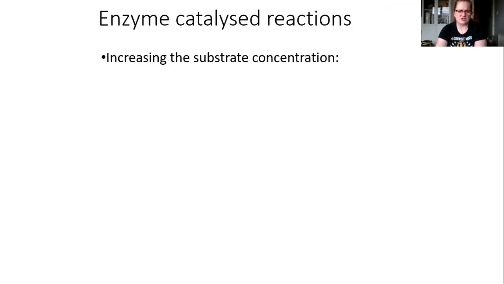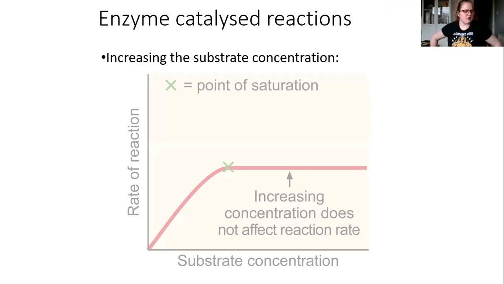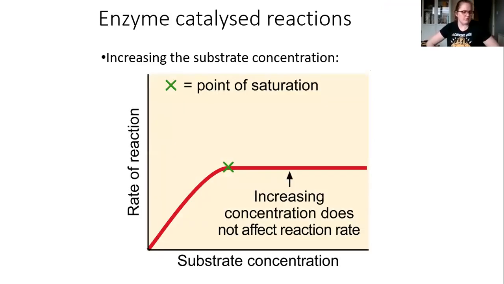So for enzyme catalyzed reactions, we can increase the substrate concentration, and you have to get quite used to some of these graphs that you start to see, and things like points of saturation. What you get is a rate of reaction graph here, and the rate of reaction will increase, so there's a positive correlation as we increase the substrate concentration, until where X is, and that is what we call our point of saturation.